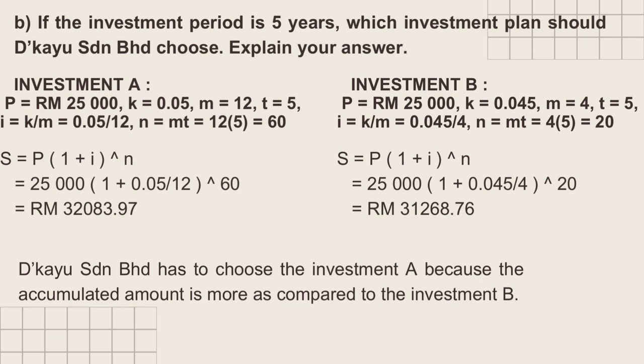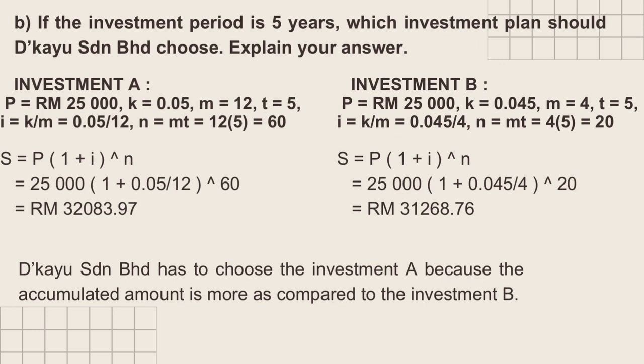Explain your answer. For investment A, we have 25,000 as a principal, K is 0.05, M is 12, T is 5, I is K divided by M, so 0.05 divided by 12, N is N equal to MT, so we will get 60.